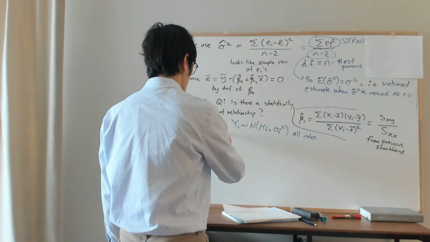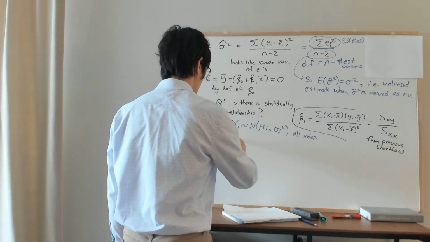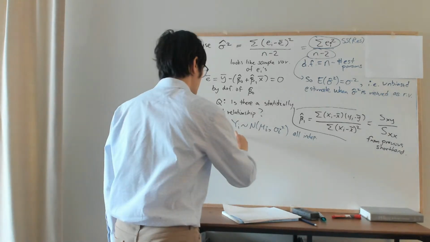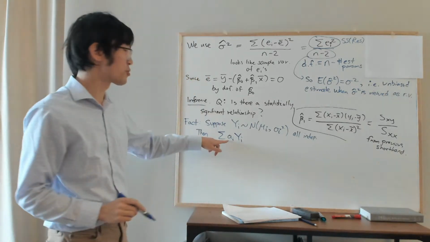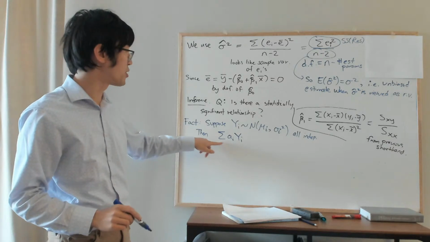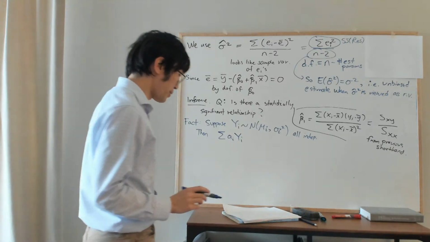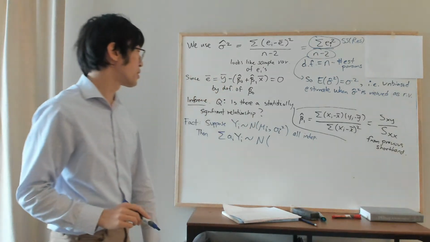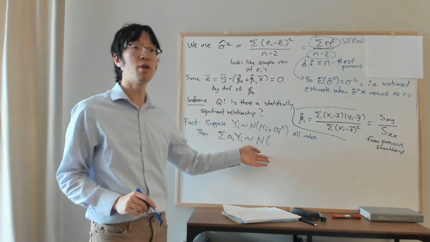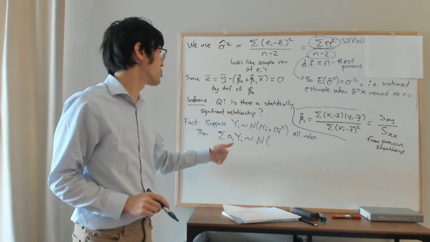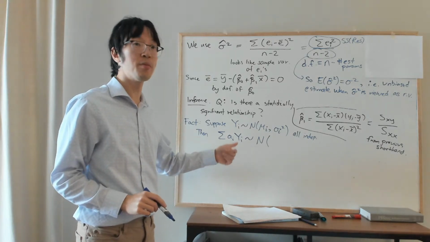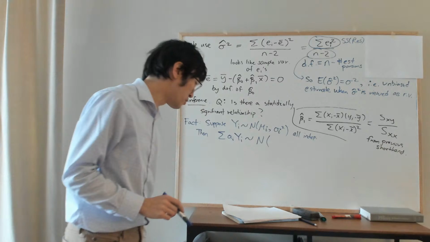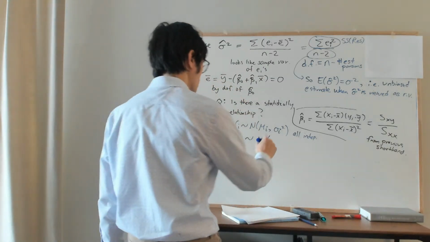Let's write it as follows. We're going to take constants ai, multiply each yi by some constant, and then sum them up, so there's the summation of ai yi. This also has a normal distribution. And how do we get the mean and variance? We simply calculate the mean and variance of this sum, and it is in fact normal with that specific mean and variance.